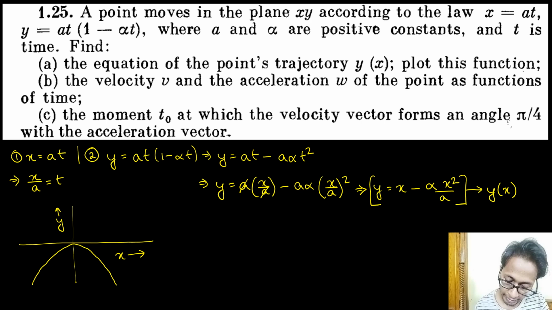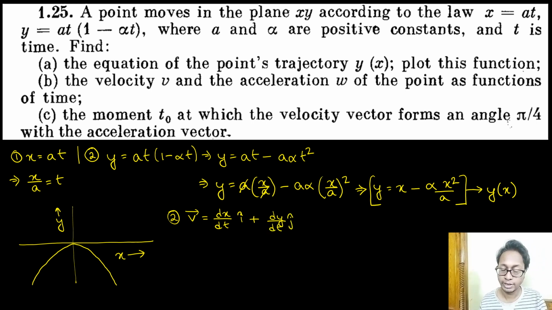Part B of the question is to find the velocity v and the acceleration w of the point as a function of time. So what is the velocity? The velocity vector is dx by dt i plus dy by dt j, the rate of change of the position components. This is the formula for velocity.